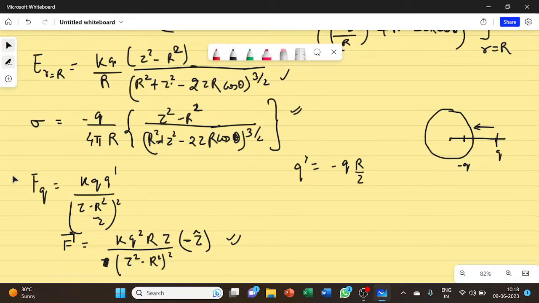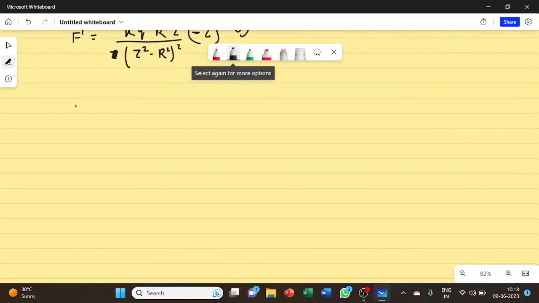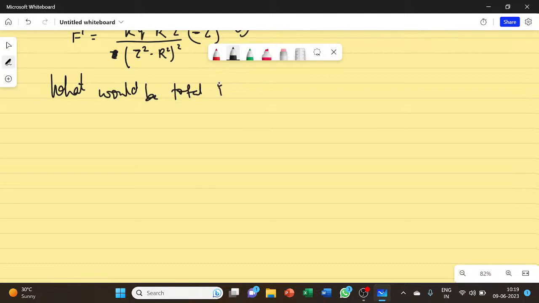Okay. Now, if I want to find what would be the total induced charge, then I have to simply integrate it over the surface.